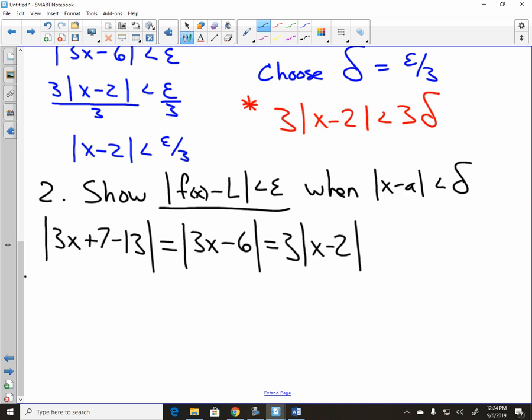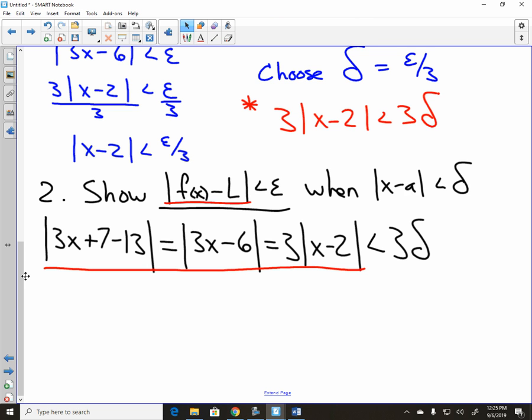Now I'm going to try to insert this less than symbol. Do you see this anywhere else up on the board? Right there. See how it has a less than sign? So we know that this is less than what? 3 delta. So watch the logic that you've shown. You said this thing right here, so I'll use the red marker. This red part is actually all of this. Then I've used the blue part right here.